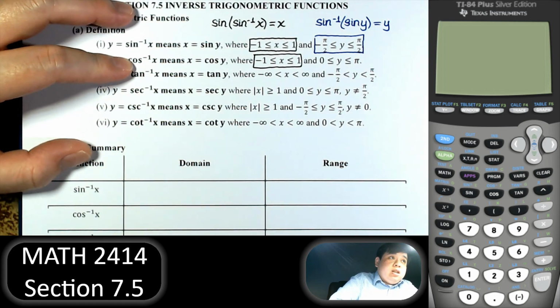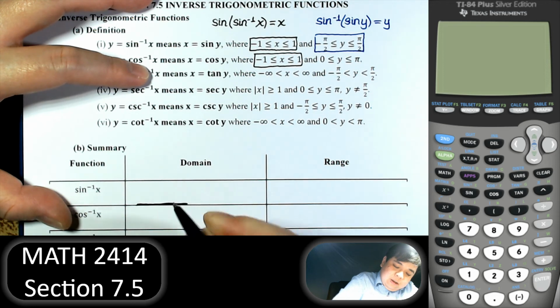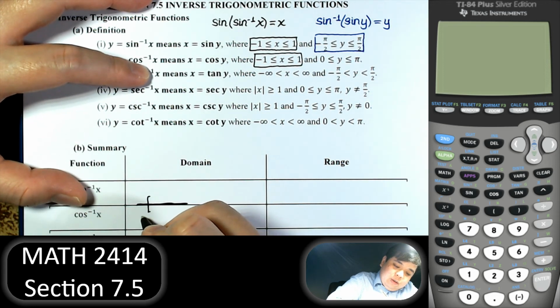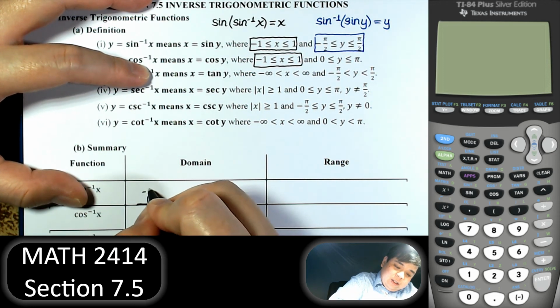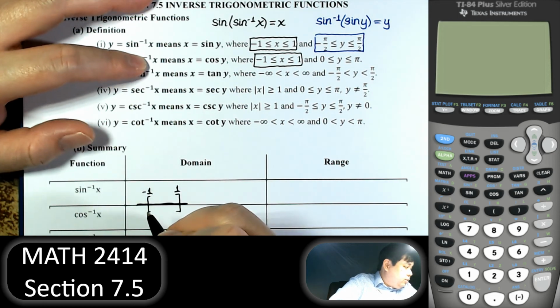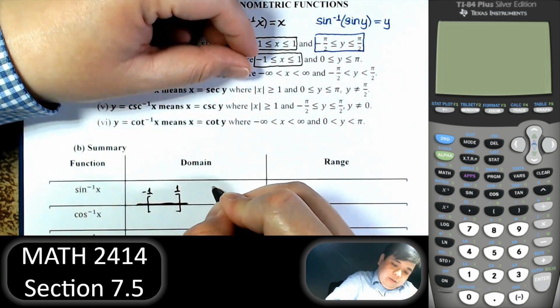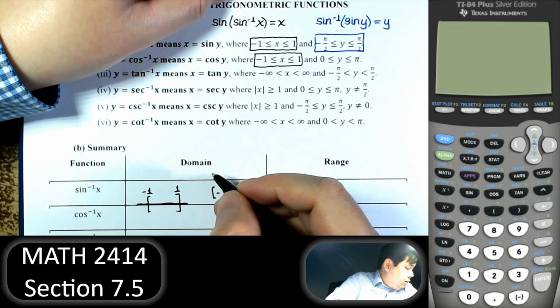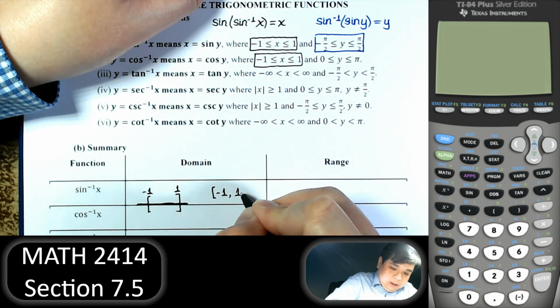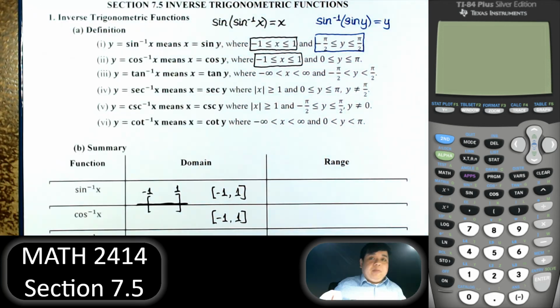For sine inverse and cosine inverse, it will be between -1 and 1, including -1 and 1.